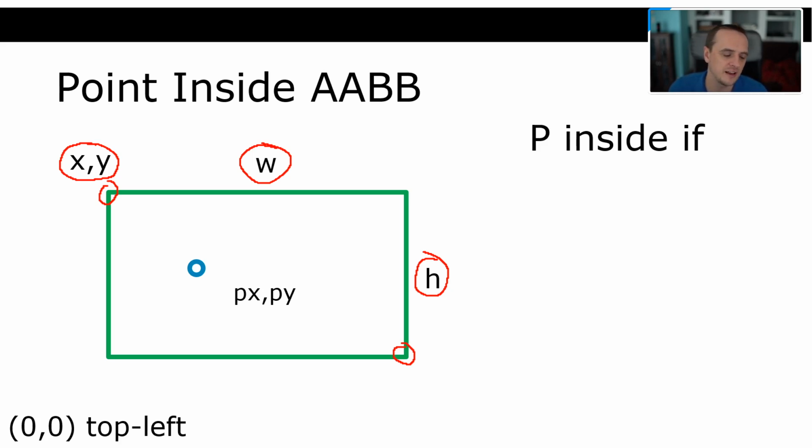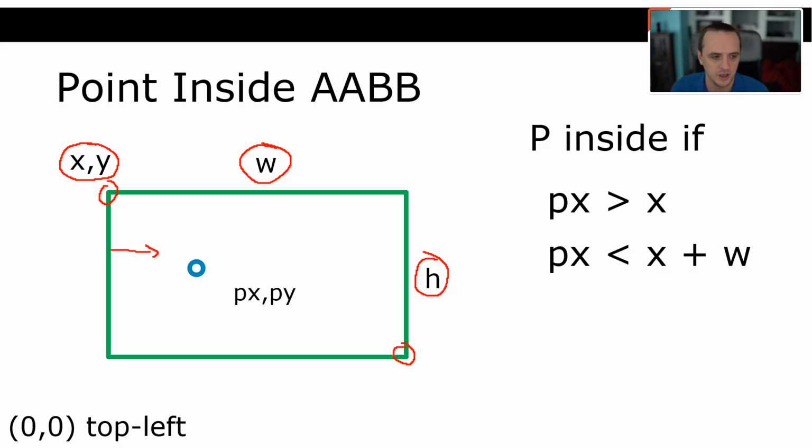If we translate that last slide into this form of a rectangle, then P is inside the rectangle if Px, again, is greater than the left-hand side. If Px is less than x plus the width, right? So we figure out this x right here, which is x plus width.